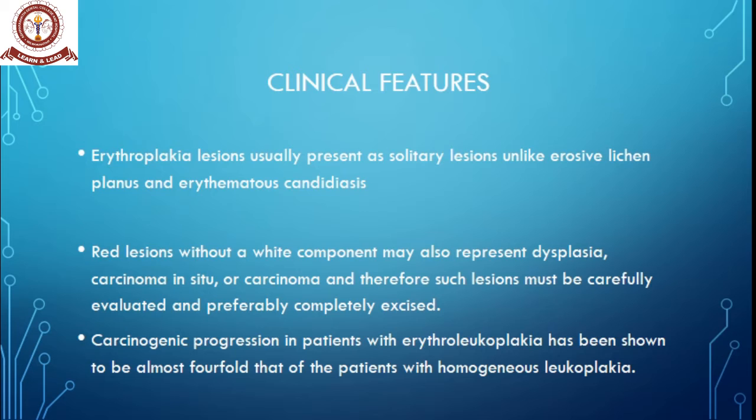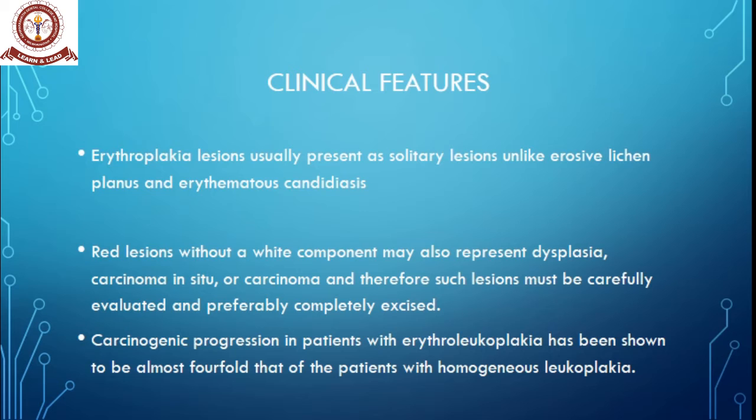One clinical way we can differentiate is that it won't be spread over the entire buccal mucosa, like how lichen planus or erythematous candidiasis can present. It will be seen as a solitary patchy lesion, confined to a small place in the buccal mucosa or any other specified region.